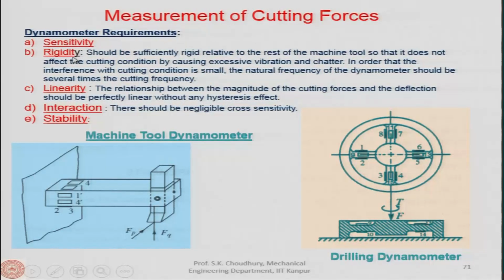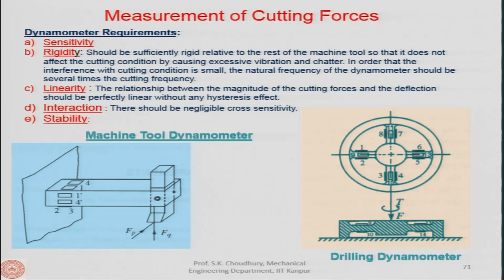Second is the rigidity. Rigidity should be sufficiently high. So, dynamometers should be sufficiently rigid relative to the rest of the machine tool, so that it does not affect the cutting condition by causing excessive vibration and chatter. What we mean to say is that the dynamometer is attached to the tool post.